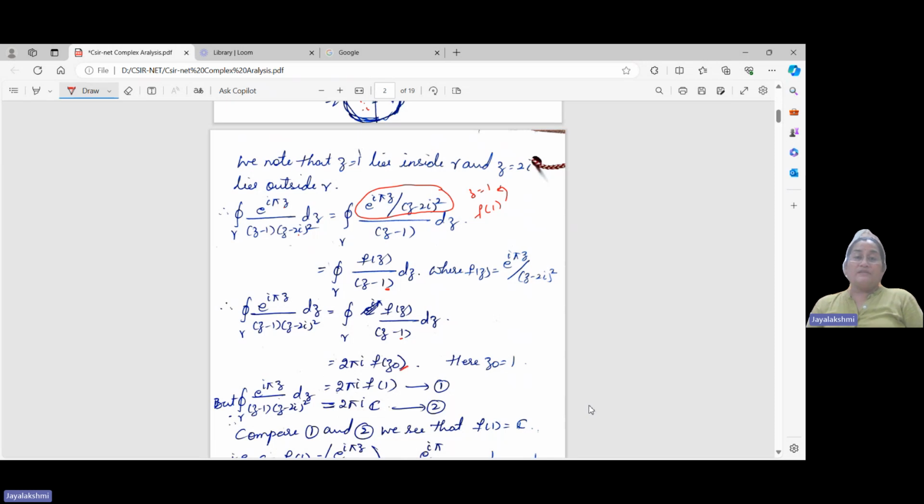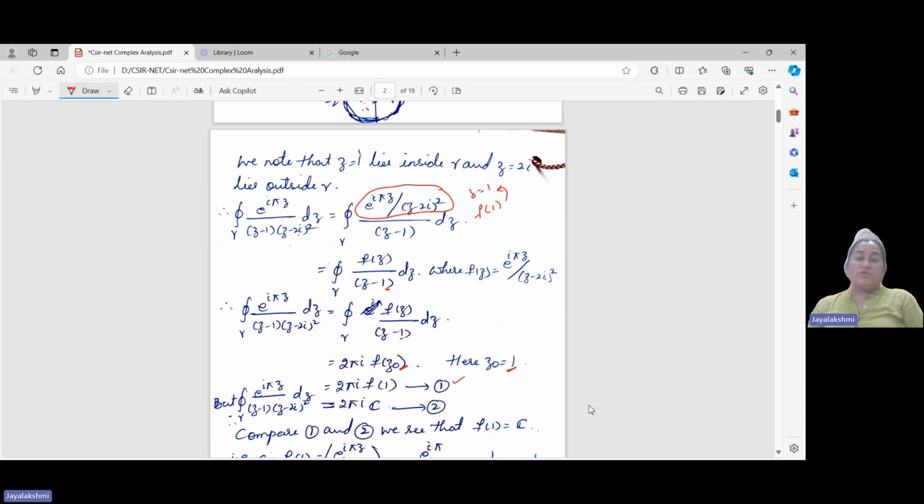Here z naught is nothing but 1, the singular point lying inside the circle. So we replace z naught by 1, and according to the given problem, the integral over gamma of e to the power of i pi z by z minus 1 into z minus 2i whole square dz is equal to 2 pi i.